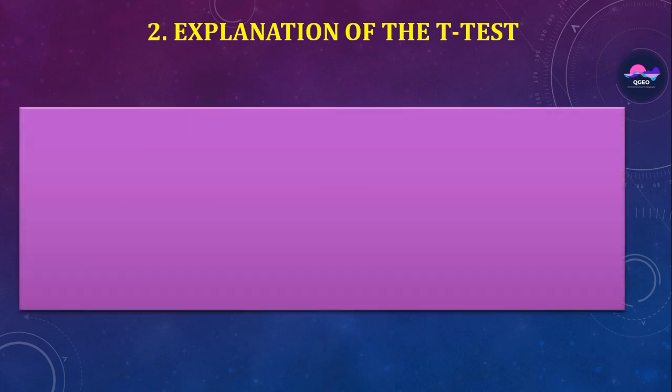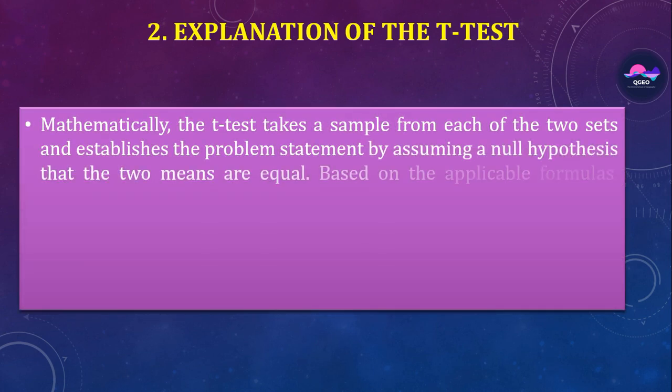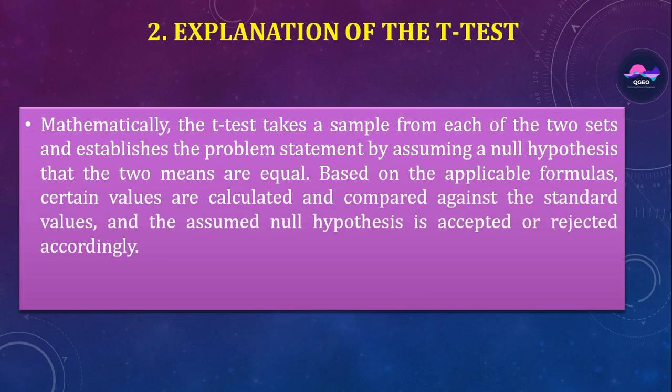Explanation of the t-test. Mathematically, the t-test takes a sample from each of the two sets and establishes the problem statement by assuming a null hypothesis that the two means are equal.